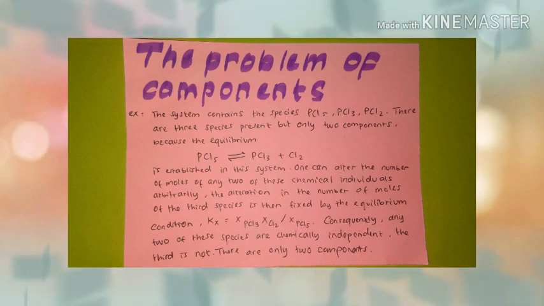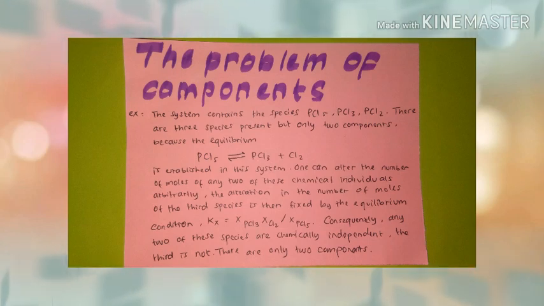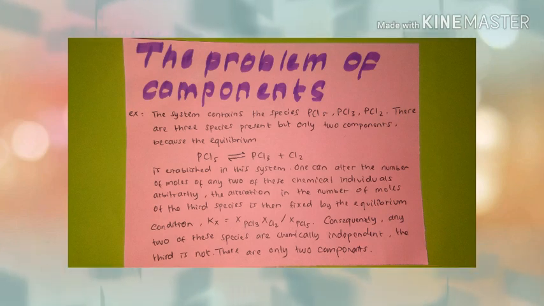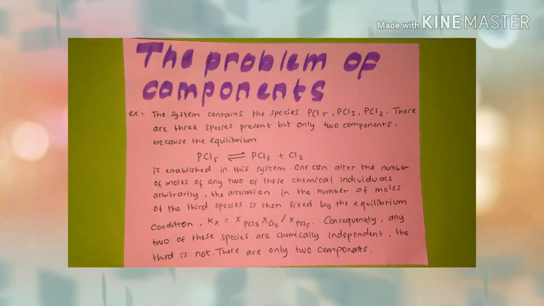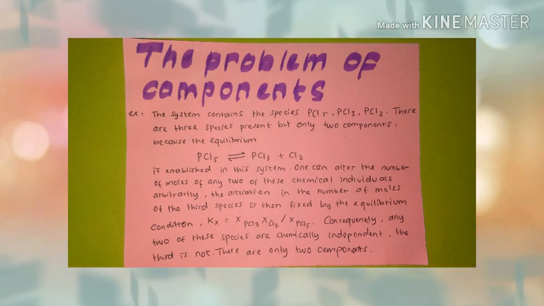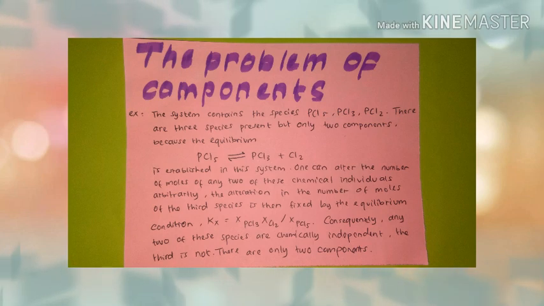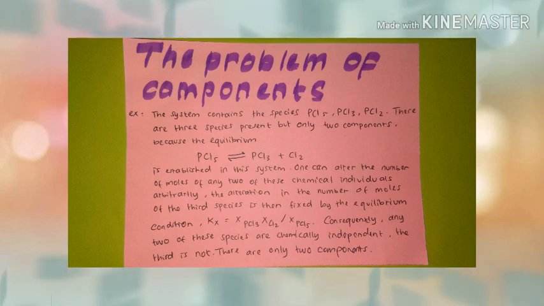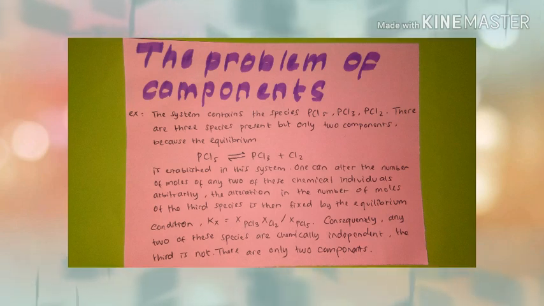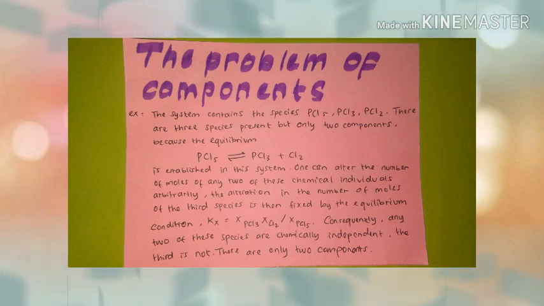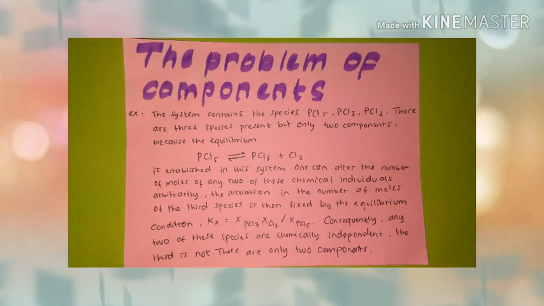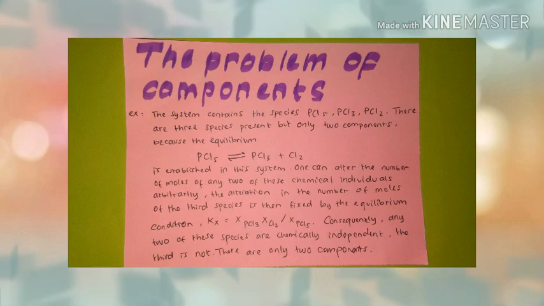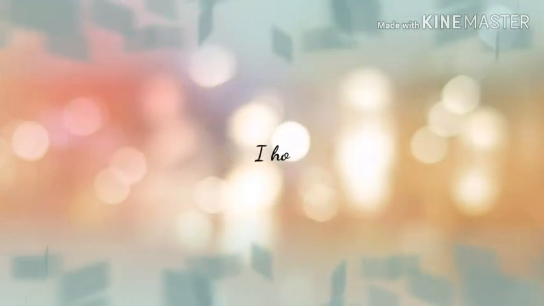One can alter the number of moles of any two of those chemical individuals arbitrarily. The alteration in the number of moles of the third species is then fixed by the equilibrium condition. Kx equals x PCl3 x Cl2 per x PCl5. Consequently, any two of the species are chemically independent. The third is not. There are only two components.